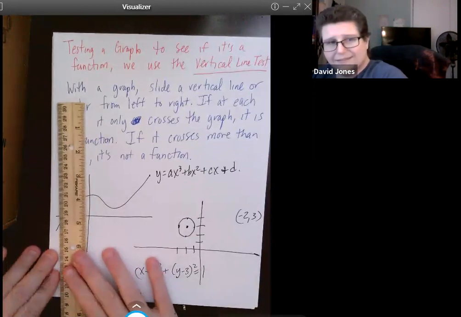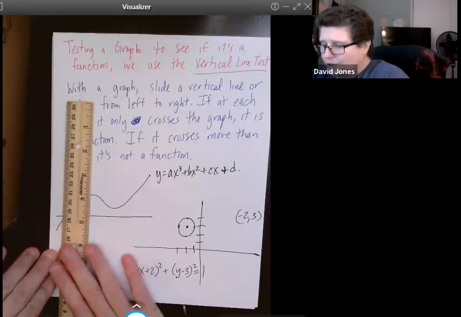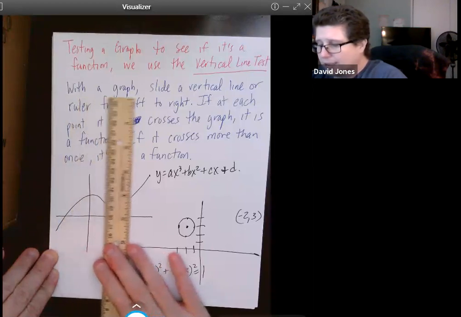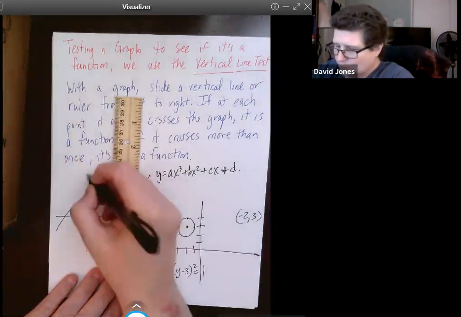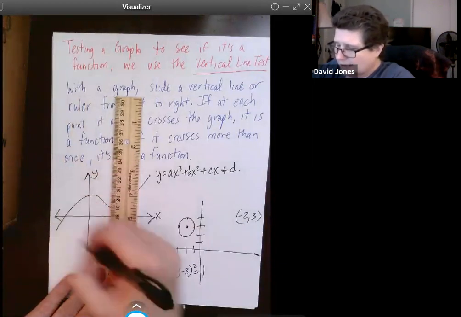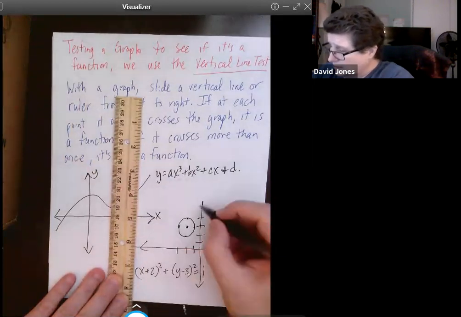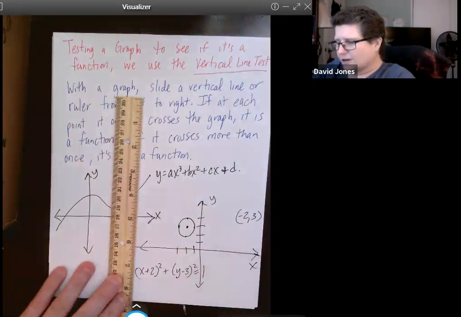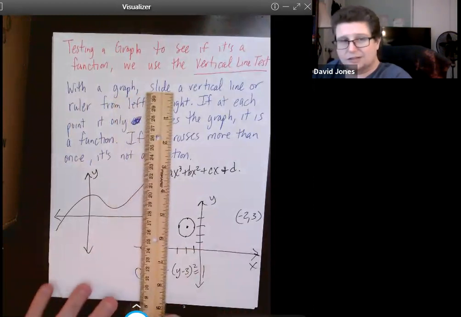Looking at the left side, as I slide the ruler to the right, notice it's only crossing my graph once. I didn't draw in the axes. That's x, this is y. It only crosses the graph once on the x cubed graph, so it's a function.